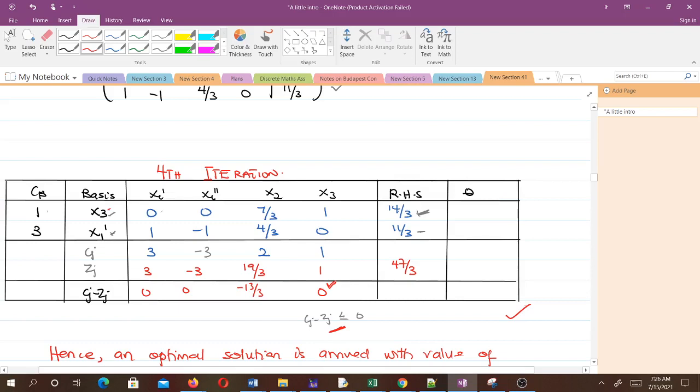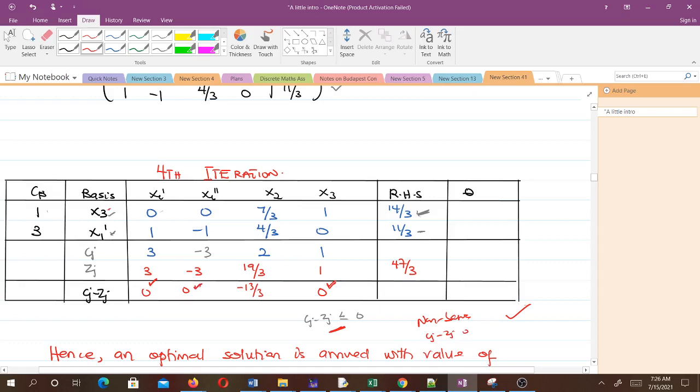Then x1 prime is also a basic variable here, and its cj minus zj value is 0, which is perfect. But you can see that s1 prime prime is a non-basic variable, right? But its Cj minus Zj value is 0. That's what we can see here.